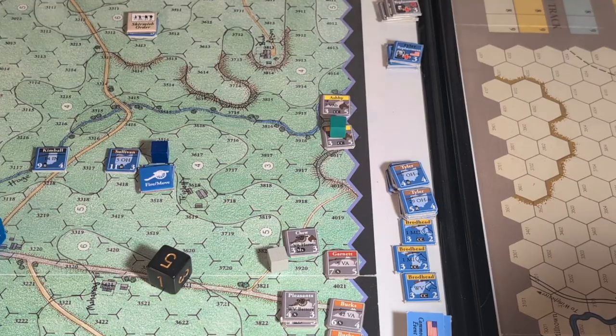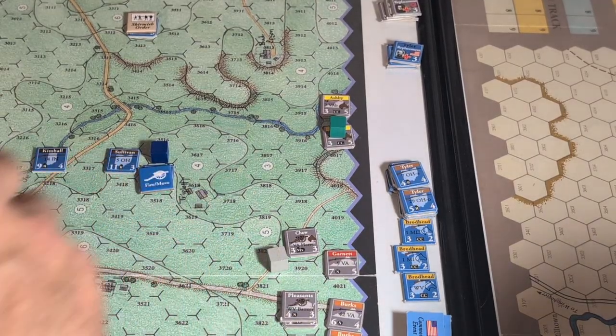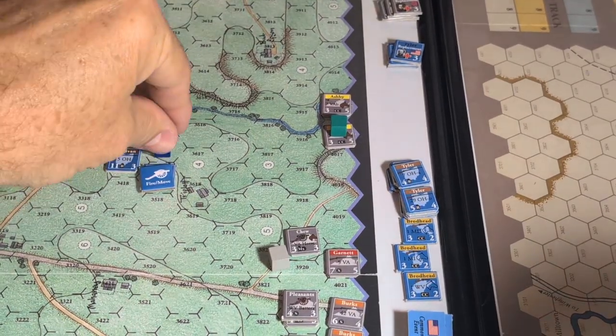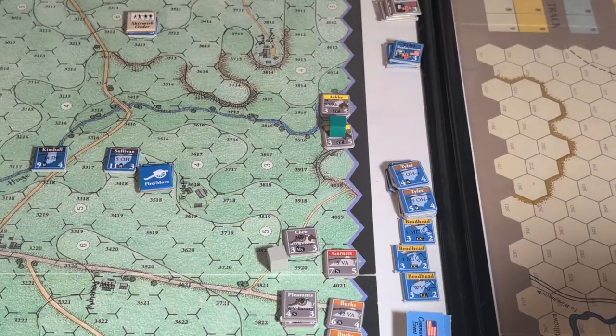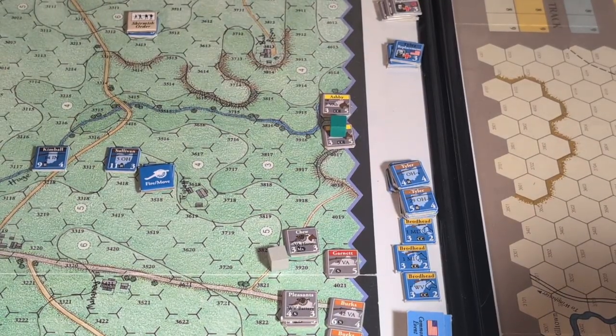Okay, so now the Confederates can activate one of theirs. Really, we don't have anybody that we could fire at.